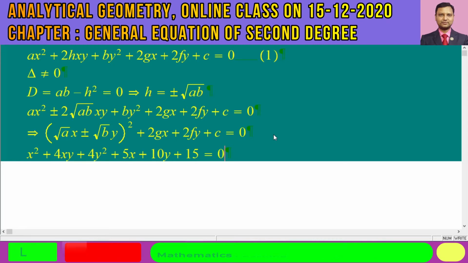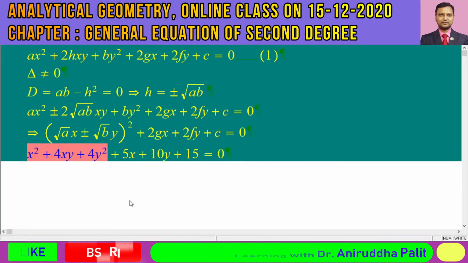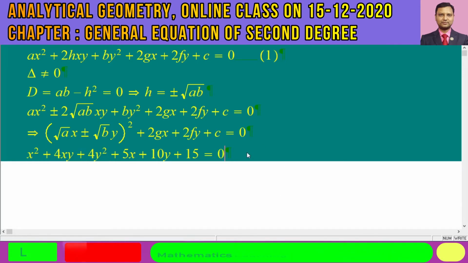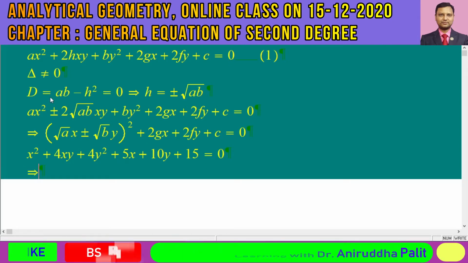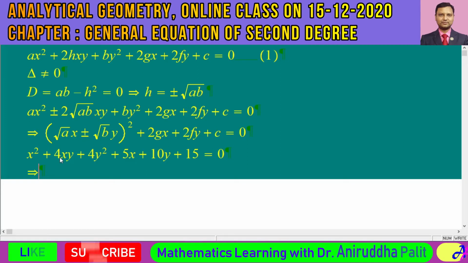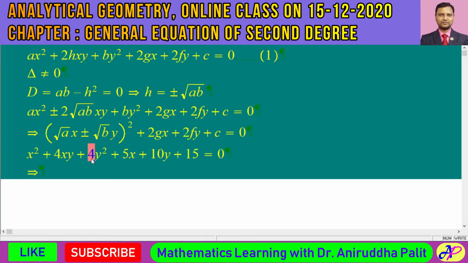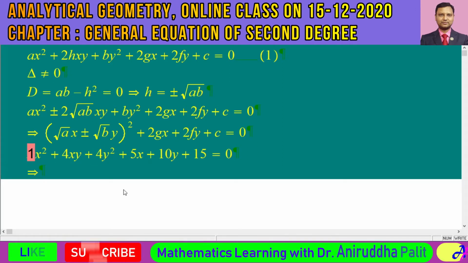Over here if you look at this expression a bit carefully, in that case you will find that this purely second degree term would be a perfect square. Okay, and therefore over here, what is h? h is equal to 2. What is b? b is equal to 4, and a is equal to 1 over here.